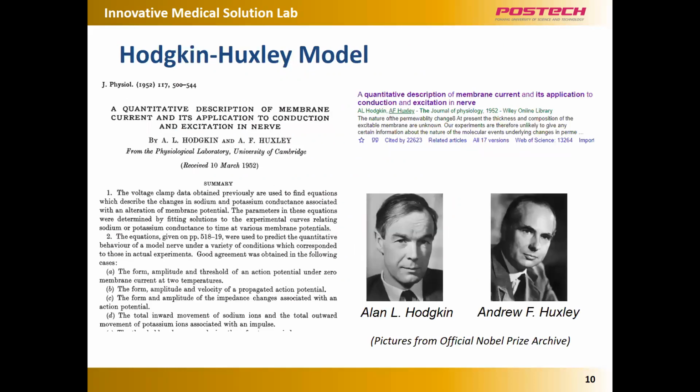So this is the paper from Hodgkin-Huxley published in 1952. It has been cited about 27,000 times so far. And in this paper, for the first time, the view that change in the conductance of calcium and potassium generated the action potential of neurons was implemented as a mathematical model.